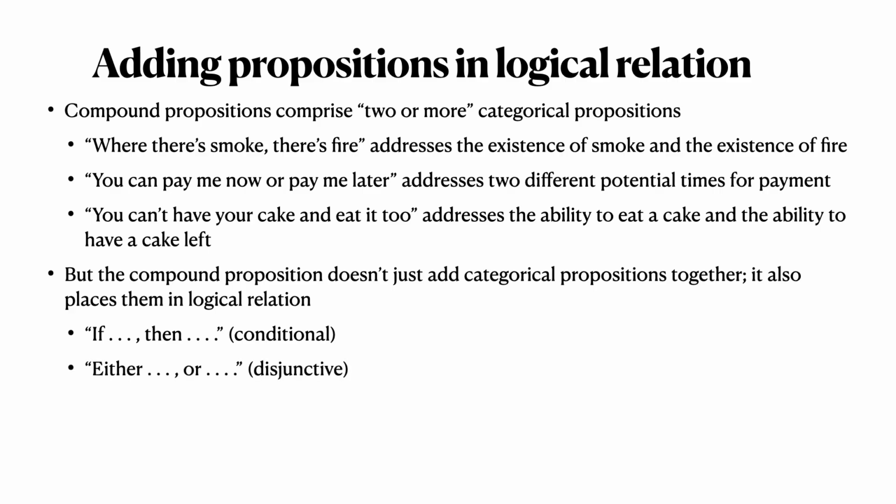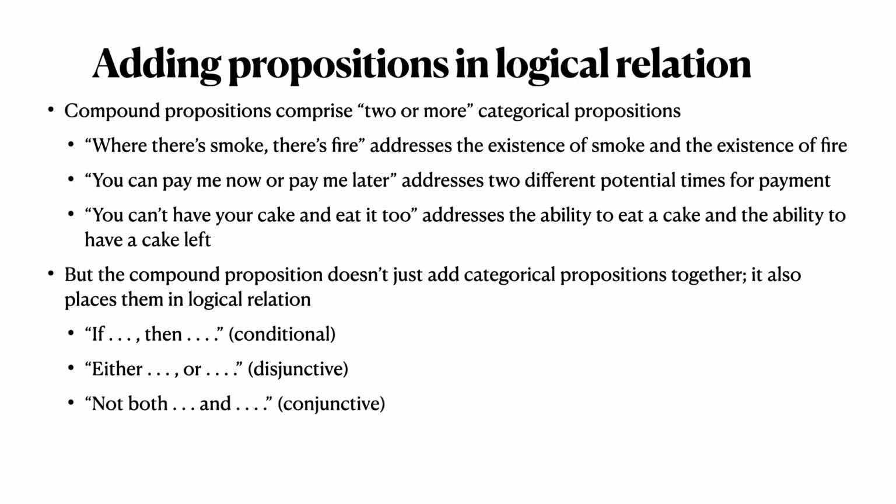Another type would be the either-or proposition, which we call disjunctive because it disjoins two things, either one or the other. You can pay me now or pay me later addresses these. That is a statement best expressed in disjunctive form because it says, I don't care when you pay me, but it has to be once, one or the other, right?